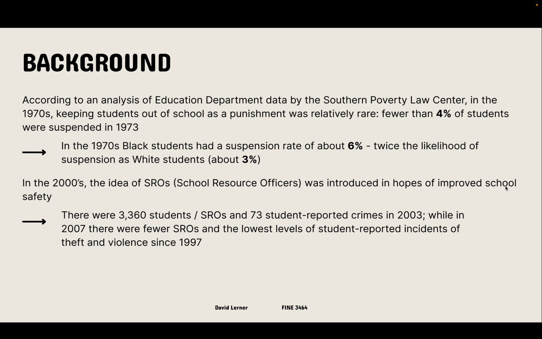But even with the inclusion of SROs, we're not necessarily making our schools safer, and they weren't getting more dangerous without them. So the inclusion of them just seems unnecessary, and it feels as if we are leaving discipline out of the hands of the school, and straight into the law.